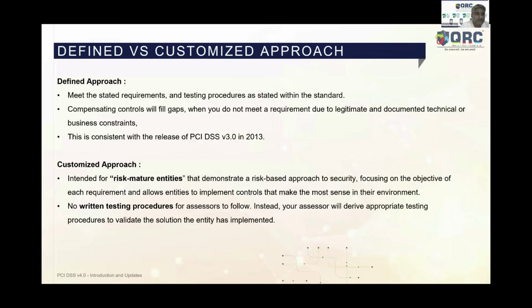So there is no reference to sampling in 4.0. But when it comes to the assessment approach, QSA companies can choose appropriate samples depending on the population they're testing, and based on that they can take the decision.